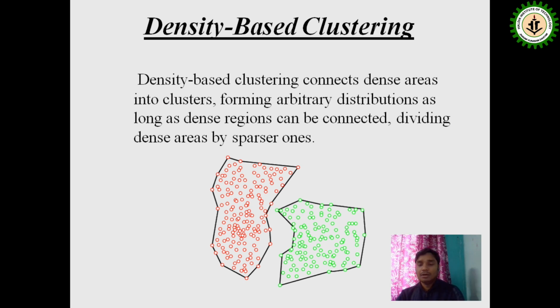The dense areas in data space are divided from each other by sparser areas. So density based clustering connects dense areas into clusters, forming arbitrary distributions as long as dense regions can be connected, dividing dense areas by sparser ones.